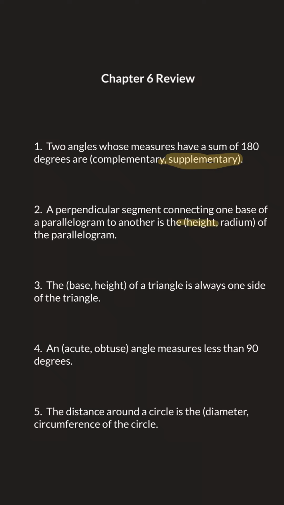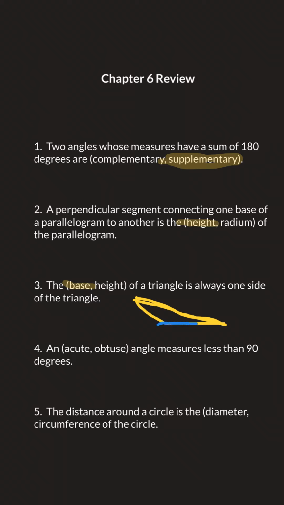The base or the height of a triangle is always one side of the triangle. The base. Remember, the height could be, if it were to be drawn like this, I've ordered a new pen so that I could hopefully have better drawing abilities, so bear with me.